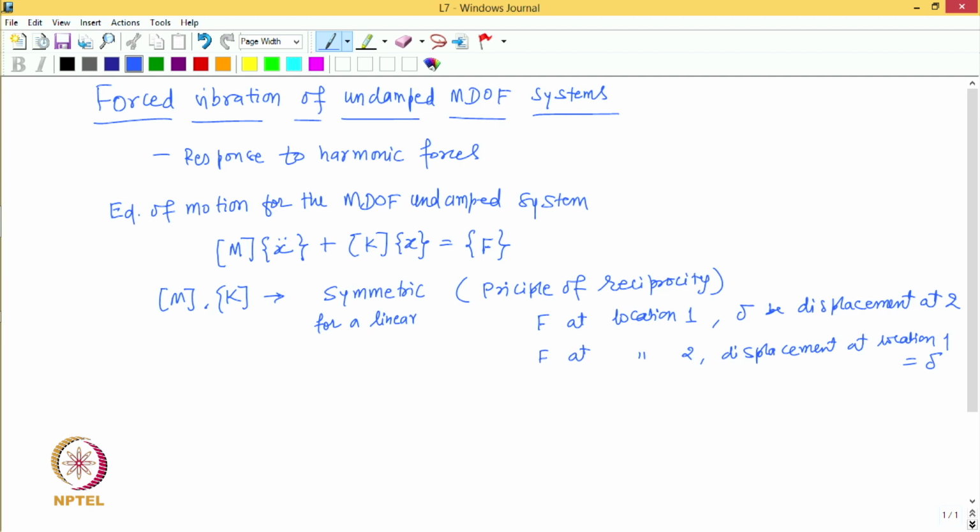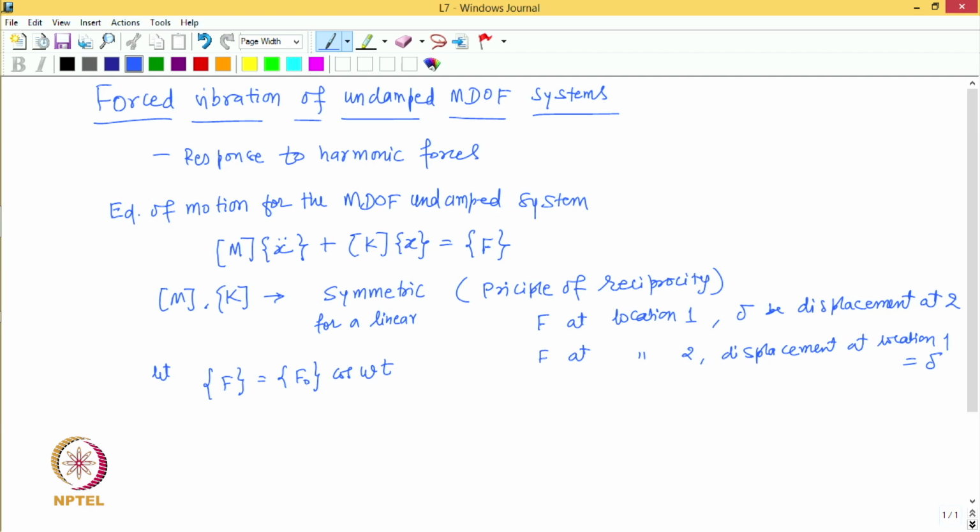And then we are considering harmonic forces. Let the harmonic force be given by F naught, the amplitude of the force vector, and let the frequency of the force be omega. So, let us say F is equal to F naught cos omega t, and then we will use the method of complex exponential we studied earlier to solve the forced harmonic response, right.